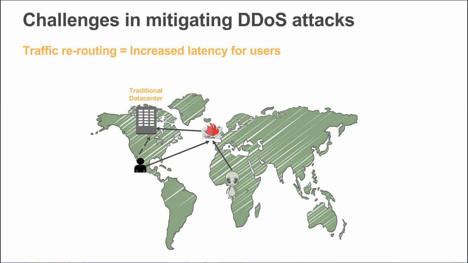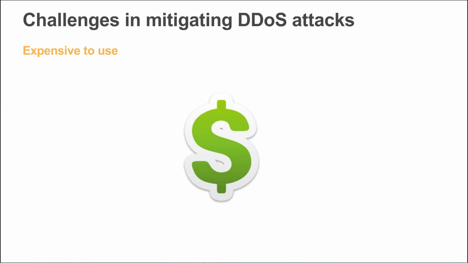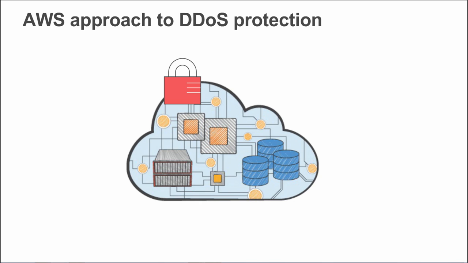And then, of course, there are mitigation systems that are effective, but they are very expensive to use. And customers often don't want to spend huge sums of money to enable DDoS protection for their applications. So these are the challenges. Now let's see what is the AWS approach to DDoS protection.